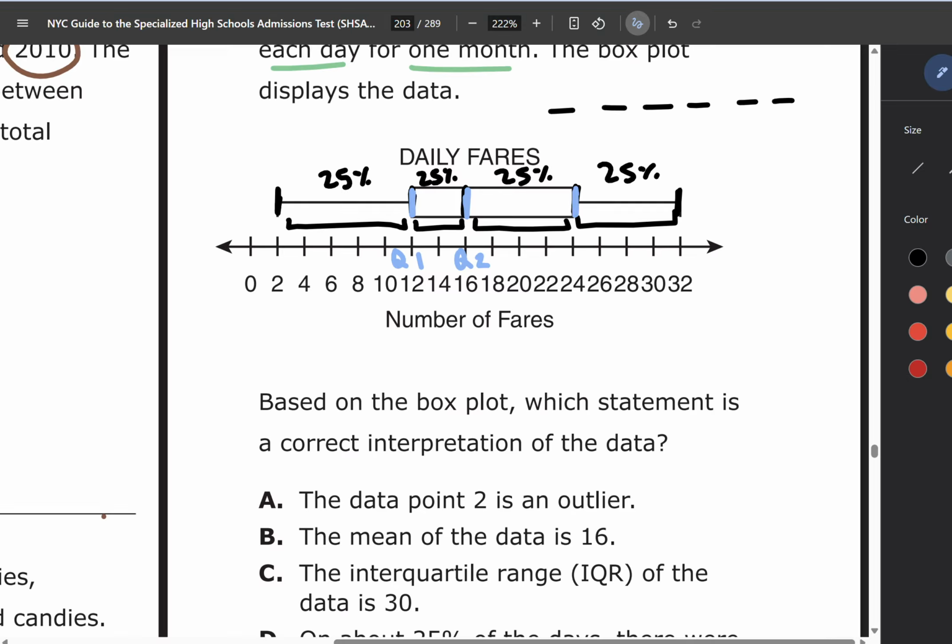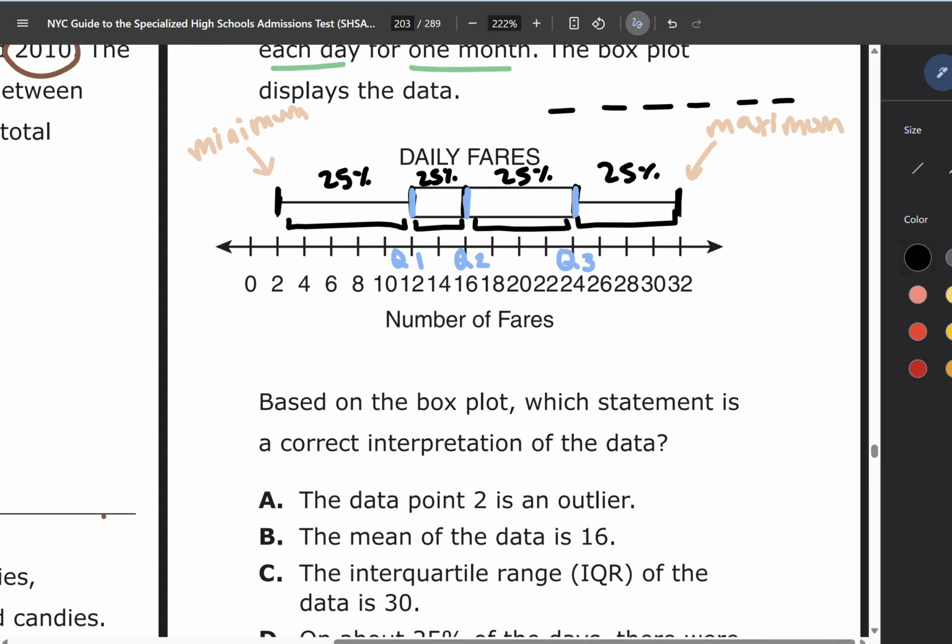And this third line over here, we call Q3. So we have Q1, Q2, Q3. To the left, we have our minimum, in other words, the smallest number in the data set. And we have the largest number to the right, the maximum.